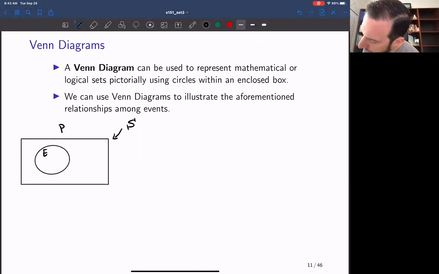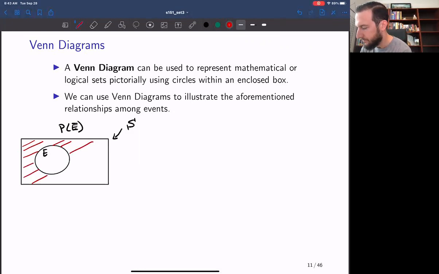Okay, so the complement, the probability of E bar, is everything outside of the event of interest.